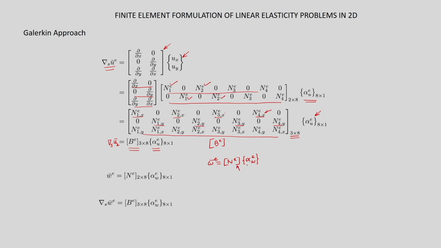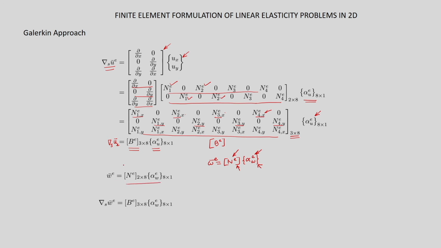Now, this will be of the same size, because we are representing W on the same element. So, this will be the same shape function matrix, but this will be a separate vector containing the alphas corresponding to W. Alright. So, this is what has been written here.